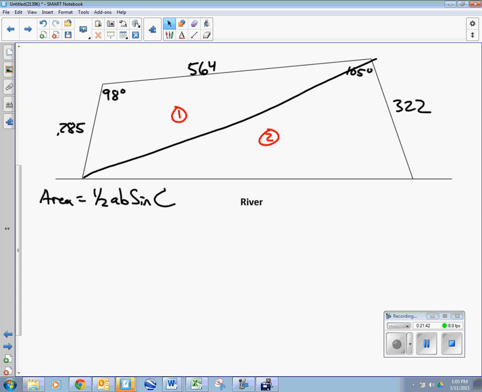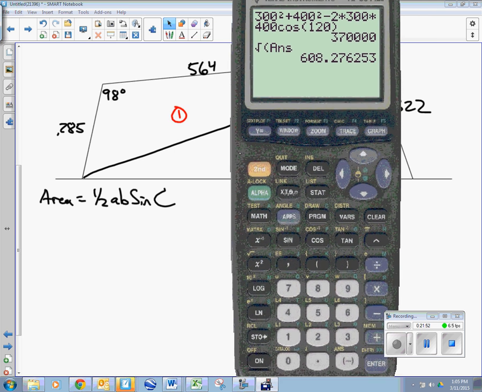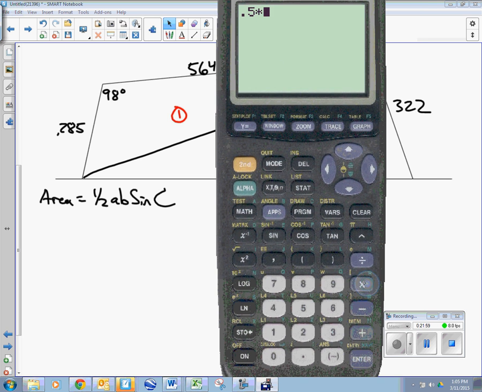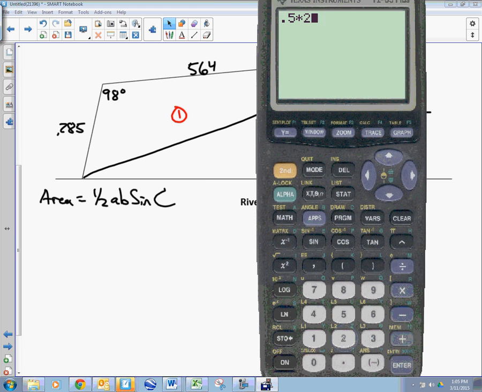Do I have enough information to find the area of triangle 1? Yeah, I do. In order to find the area of triangle 1, all I have to do is 0.5 times 285 times 564 times the sine of 98.